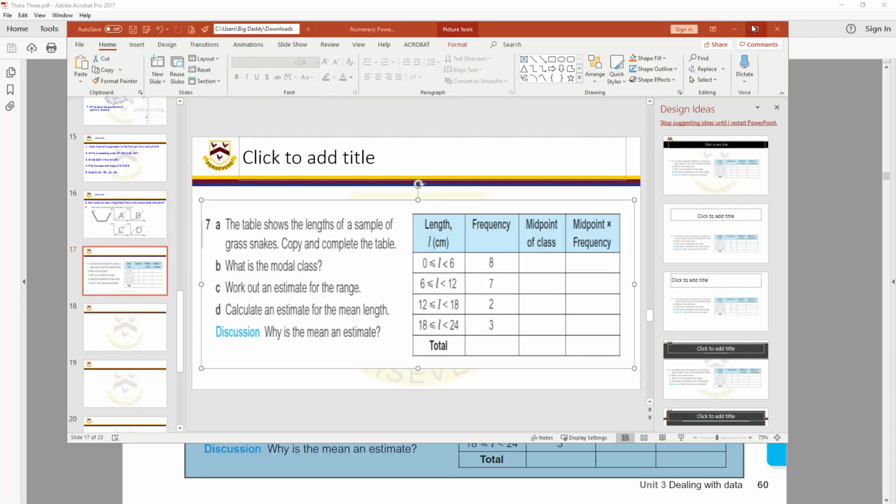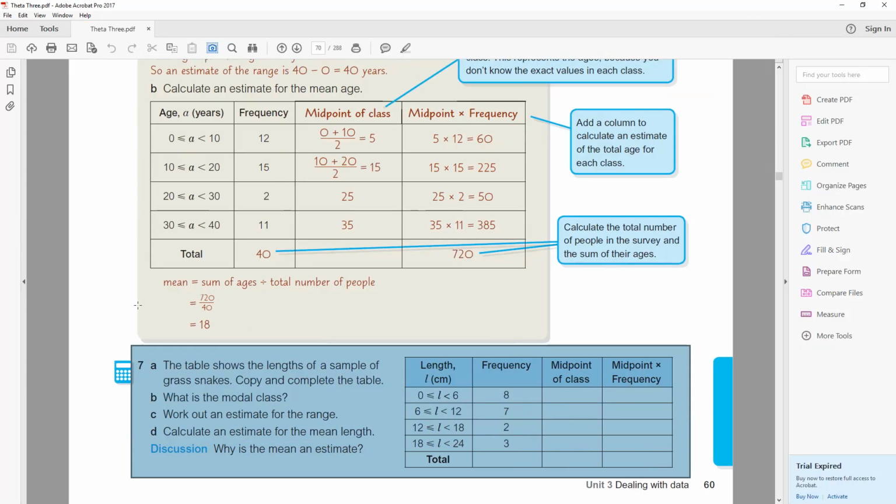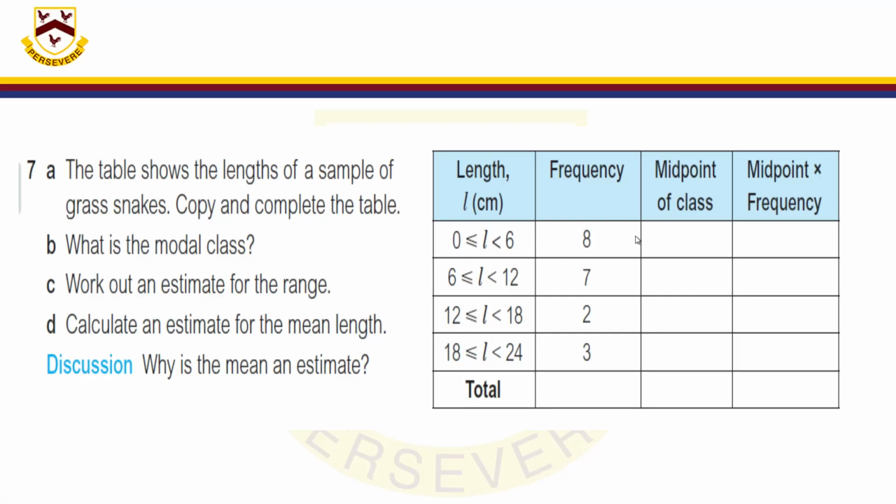Right, just to help you on question number 7, if we look where it says from 0 to 6, so that's going to be 0 plus 6 divided by 2, which is 3. Here we're going to have 6 plus 12 divided by 2, so that's 18 divided by 2, which is 9, and so on.